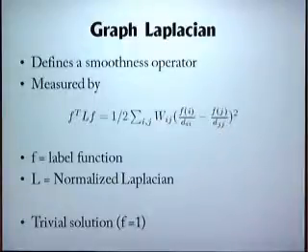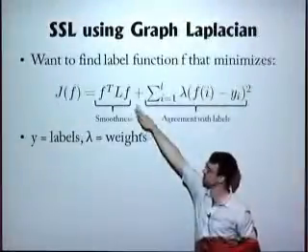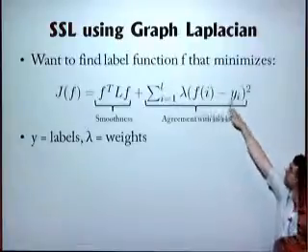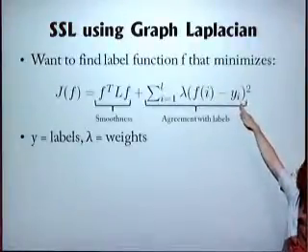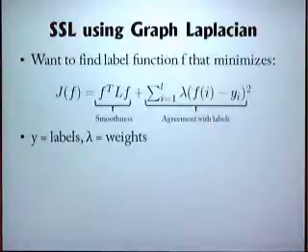But, of course, if you bring in the labels from those few labeled examples you have, then you end up with this expression here. So you have something which measures the smoothness of your label function, and then you have something which checks how well your label function agrees with the few labels that you've been provided with. Okay? And so the lambda here is just a weight, which you can think of as being large on your labeled examples and being 0 otherwise. Okay?